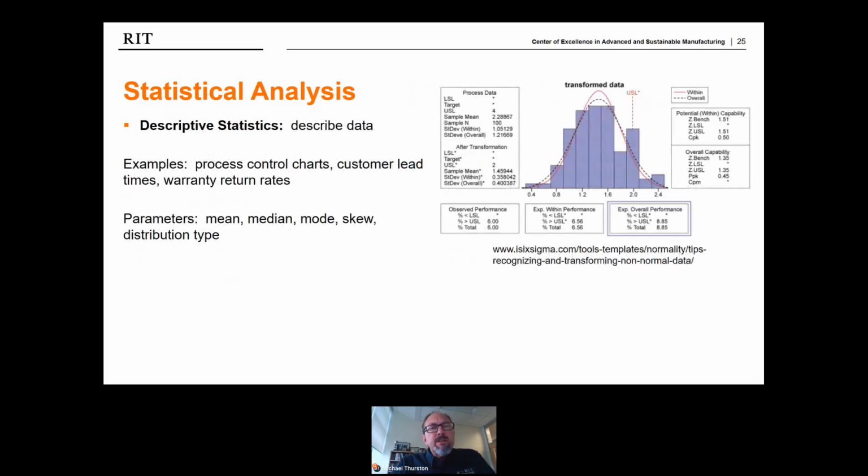Descriptive statistics describe the data, so that's a pretty obvious definition there. Examples from manufacturing are process control charts, looking at distributions of customer lead times, warranty return rates, etc. And parameters you're likely familiar with: mean, median, mode of a data set. You can look at percentile values.